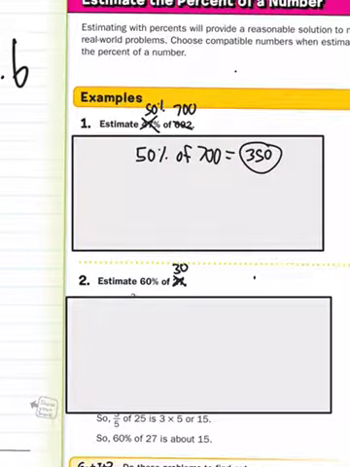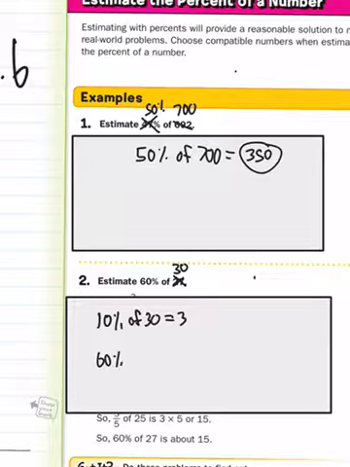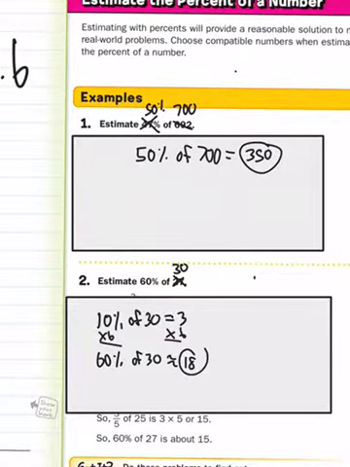First off, 10% of 30 is 3, because remember, to find 10%, you divide by 10. Now, if 10% of 30 is 3, to find 60% of 30, well, 10 times 6 is 60%. 3 times 6 is 18. So 18 would be a pretty good estimate.